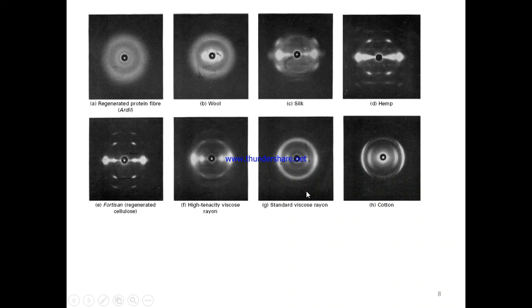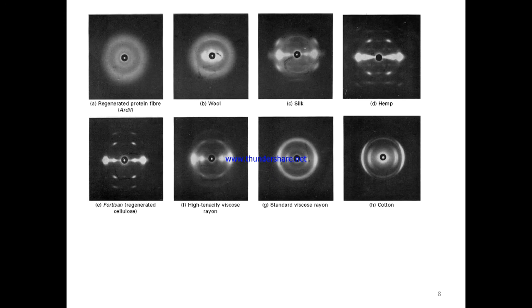In standard viscose rayon, arcs are not present, rings are present. So that means standard viscose rayon has poor molecular orientation. In cotton, the arcs are there, so cotton has good molecular orientation. In this way, you can interpret the molecular orientation of various common textile fibers by simply observing the diffraction spectra.